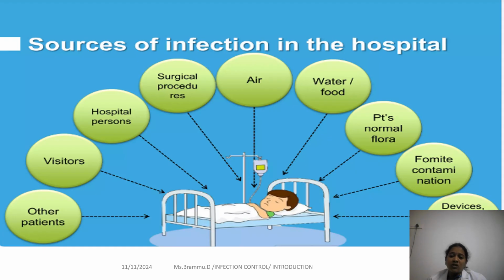Or from hospital personnel, that is healthcare workers, if they are not following hand washing techniques, or visitors who have recent influenza or might be in a carrier state of infection, and from other nearby patients, are possible sources of infection in the hospital.